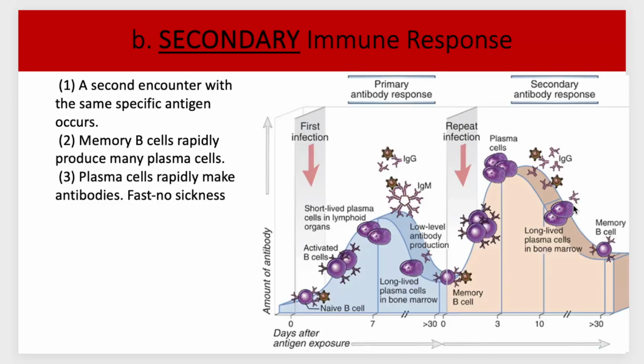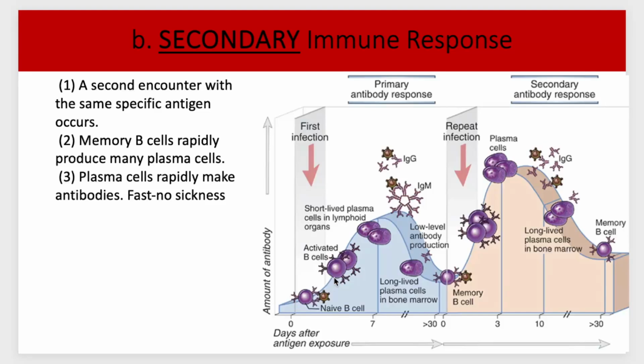So the secondary antibody response is going to be faster, it's going to be more efficient, and you're not going to be sick as long, and you're not going to have as many symptoms because your body gets rid of that antigen much faster because it's prepared for it.